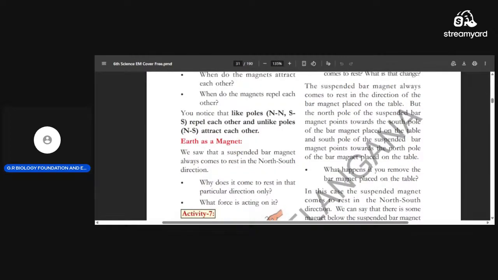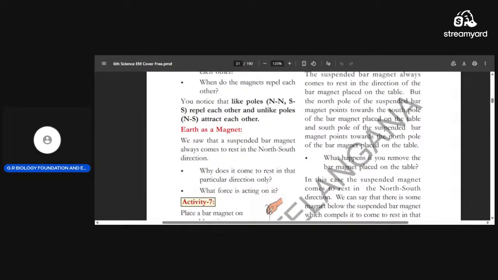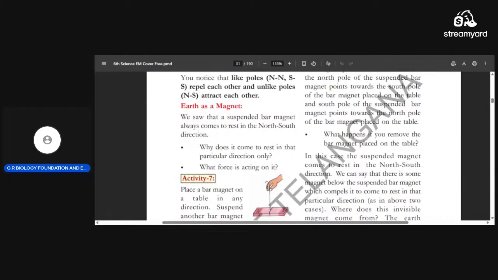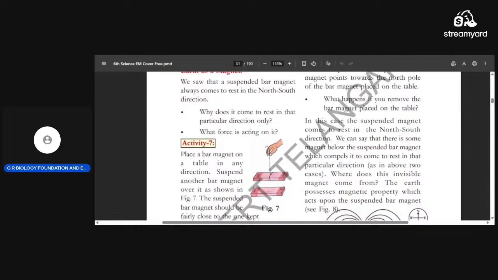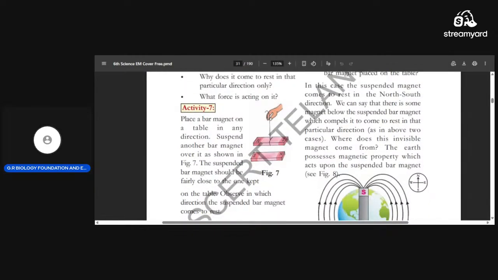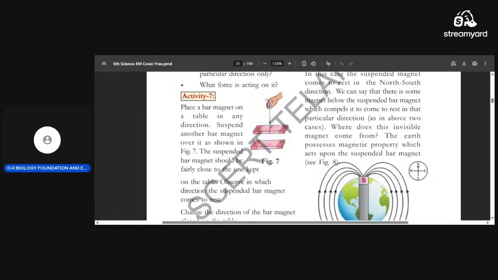Earth as a magnet, seventh activity. For this, we know the suspended bar magnet we kept here. Then what happened? It comes to rest in a north-south direction. After that, you have to use another magnet and bring it near the suspended bar magnet.